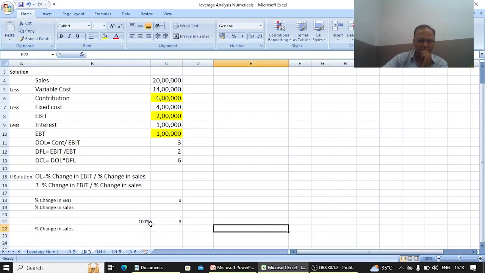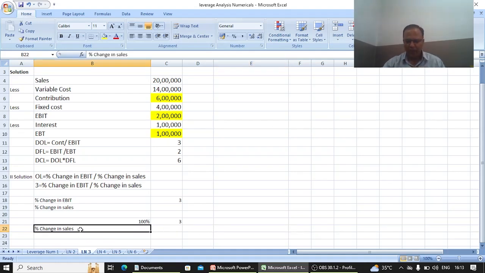Now, if we cross multiply it, then 3 into percentage change in sales is equal to 100%.